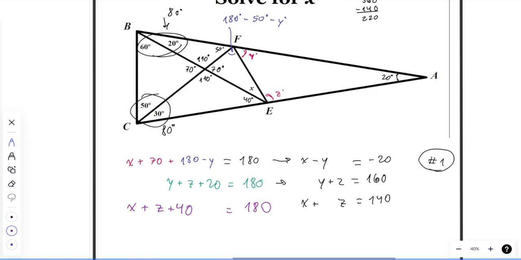I need to substitute some numbers to get some intuition here. We said x equals 20 degrees. Z would have to be equal to 120, and y would have to be equal to 40. Then this would be 130 minus 40, which is 90.